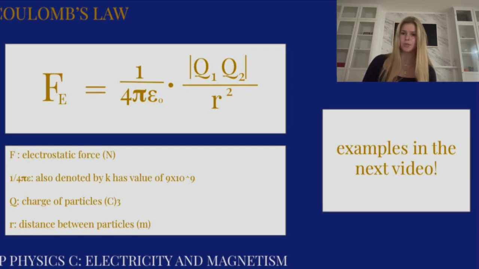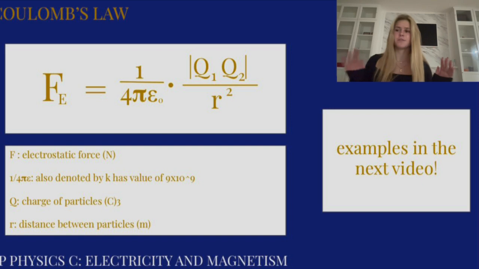Then we have Q. Q is the charge. And since usually we're dealing with two objects, like the electrostatic force exerted by one object on another, you need to put both of those. You don't really account for negatives and positives in this equation, so you just put the absolute value of that product.